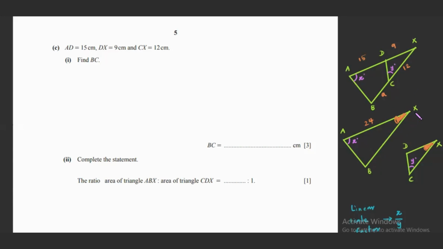And this distance B to X will be the sum of A and 12, so I can write it as A plus 12. When we consider the smaller triangle, DX is 9, and CX is given to us as 12, so I'm going to mark that as well. We need to find what BC is, so that is this A that I have marked here, that is what we are supposed to find.